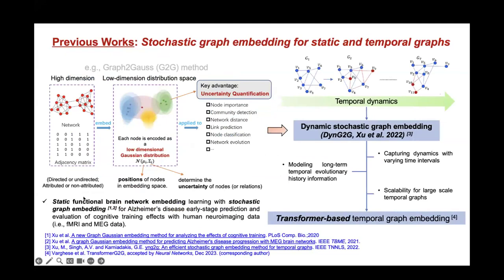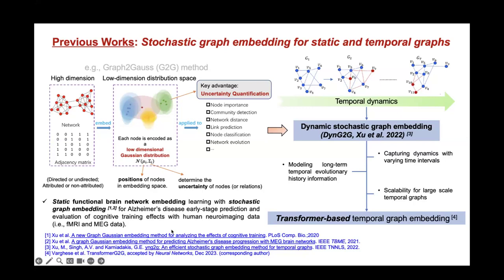We have done some static functional brain network embedding into Euclidean space before, basically to encode the brain network into lower dimensional Gaussian distributions to quantify the uncertainty information, basically how many subnetworks are in the human brain networks, using the variance of the Gaussian embeddings.